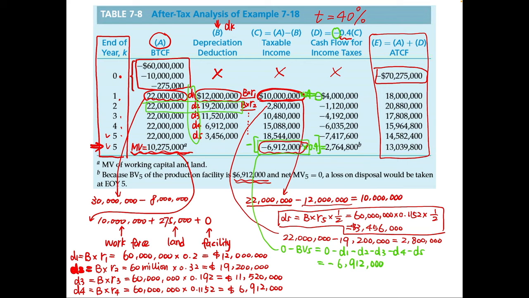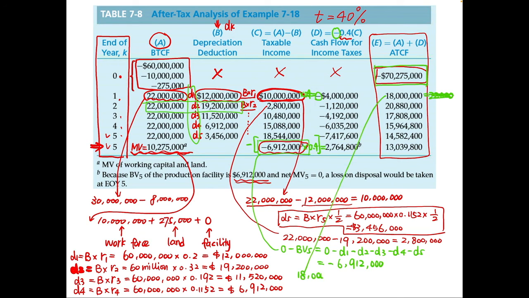And then in column E, you're gonna just add the numbers in column A to the numbers in column D. Okay, and for the first cell, you just copy the capital investment from the before tax cash flow. But after that, you need to use whatever is in column A. So let's just write it here.